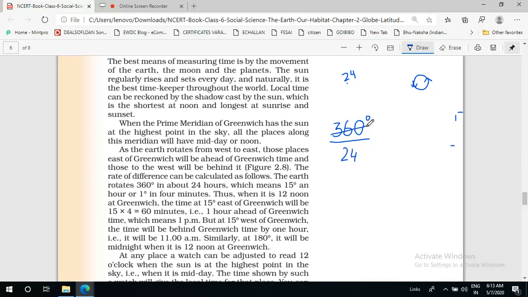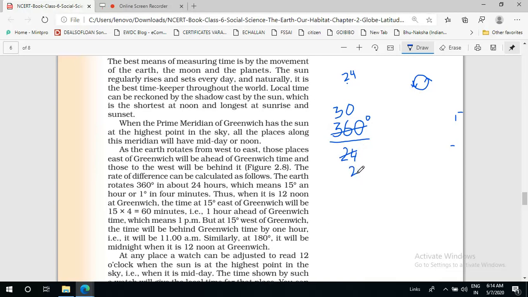36 will be cut by 12. Sorry, it's 30, isn't it? Because 3 twelves are 36, so 30 twelves are 360. It is 30, and 24 will be cut by 2.